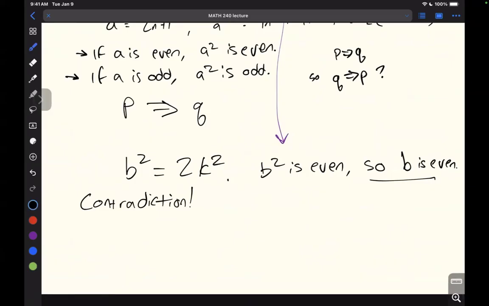Since that's the case, the square root of 2 cannot be a rational number. Therefore, the square root of 2 is irrational.